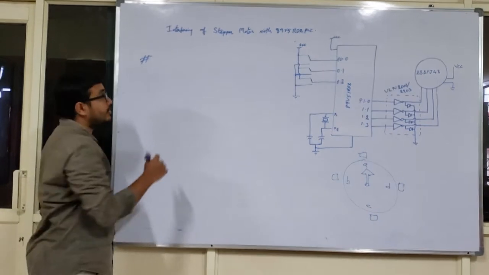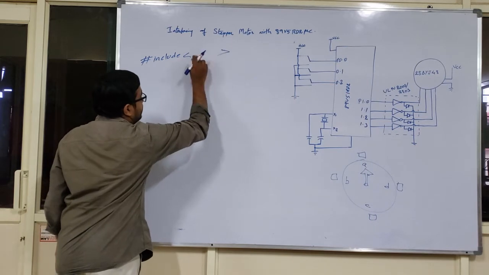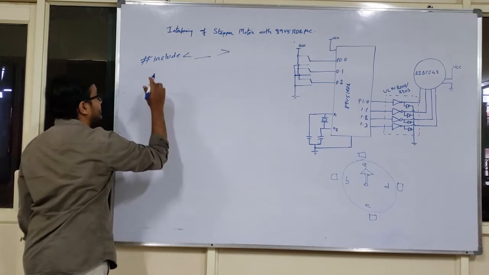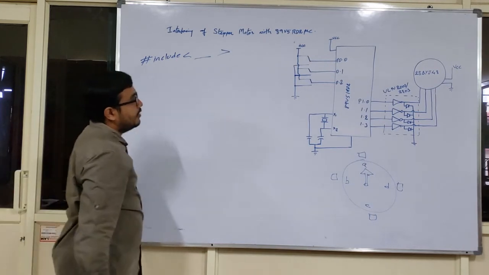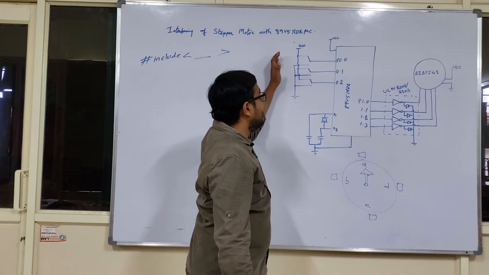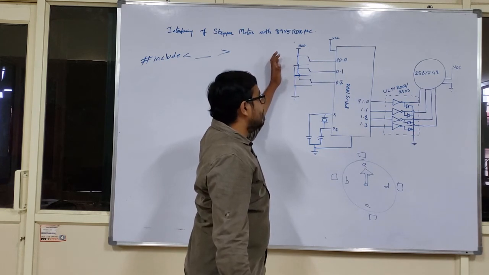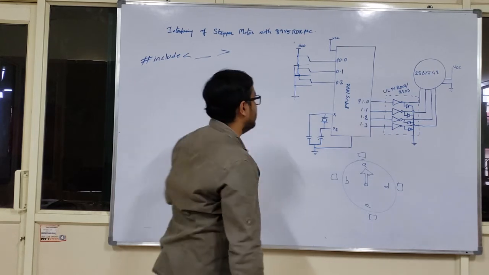So let me start the program now. As for include, I am not going to complete the program, it is your job, and what will be inside it is left to you. So I am using only 3 push buttons, or I mean to say 3 sub switches in the DIP switch, interfaced with port P0 of your microcontroller.